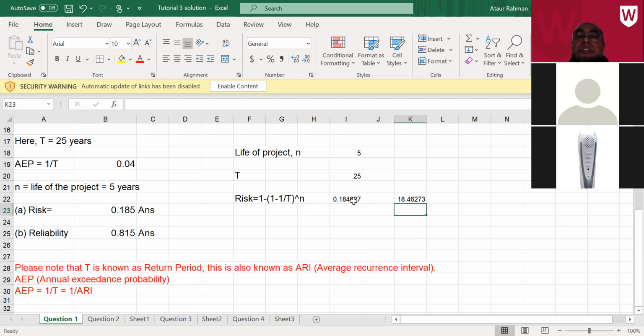So in terms of percentage, there is an 18.46% risk that at least once during the 5-year period, the coffer dam will be flooded.